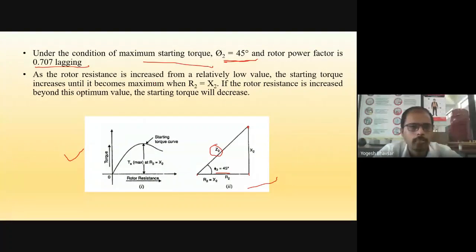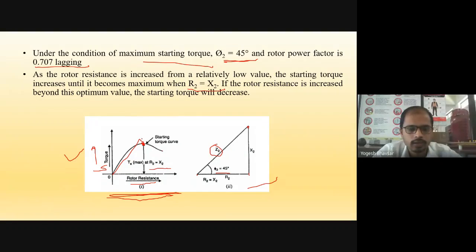As the rotor resistance is increased from a relatively low value, the starting torque also increases and it becomes maximum when R2 is equal to X2. Look at, we can understand by this curve. Rotor resistance we are increasing, relatively the torque, this is the starting torque TS, also increases up to the point where maximum starting torque will be obtained at R2 is equal to X2.